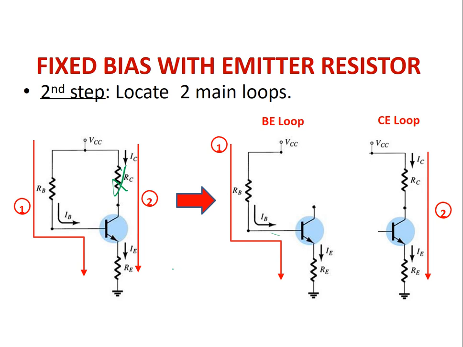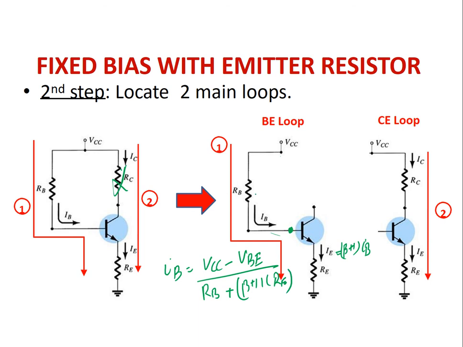IB will be VCC minus the voltage drop here, that is the base emitter voltage drop VBE, divided by the resistance RB plus RE. We know the relationship between IB and IE is beta plus 1 times IB, so this resistance will be beta plus 1 times RE.